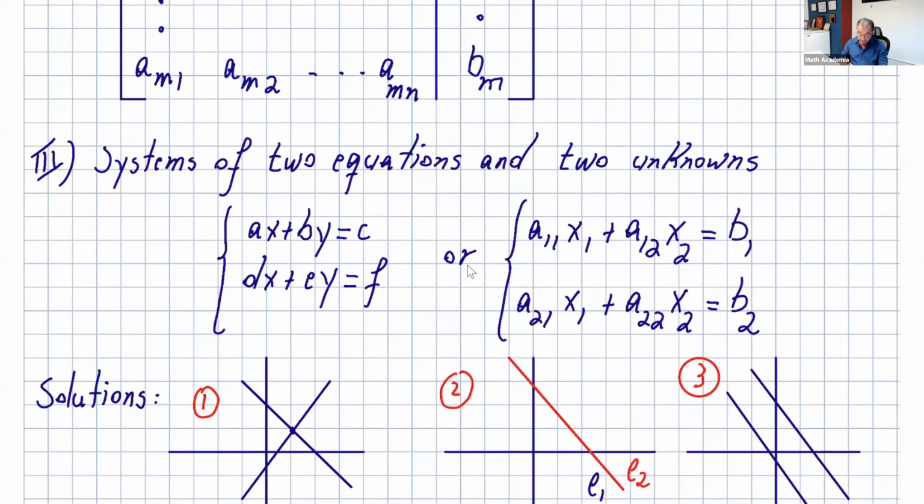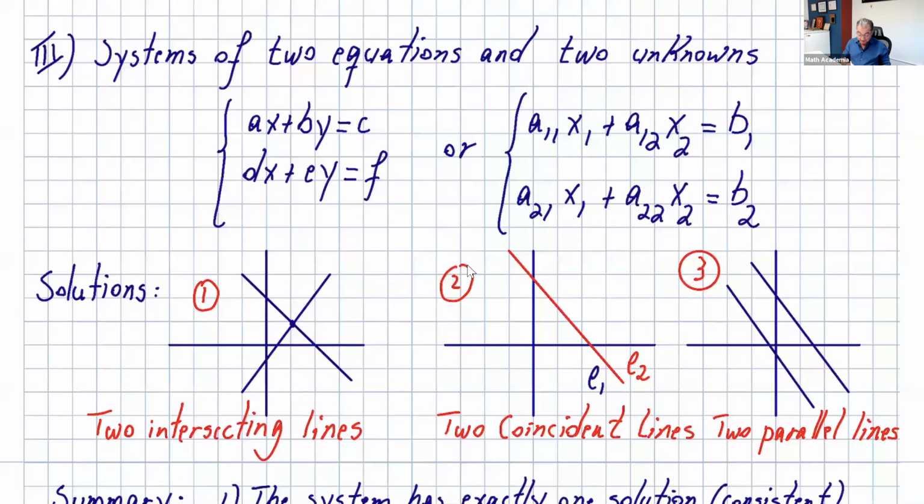Just to refresh your memory of systems of equations, of 2 equations and 2 unknowns. We have seen in algebra, it's ax plus by equals c, dx plus ey equals f, or simply if I change notation, they're exactly the same thing: a11x1 plus a12x2 equals b1, a21x1 plus a22x2 equals b2.